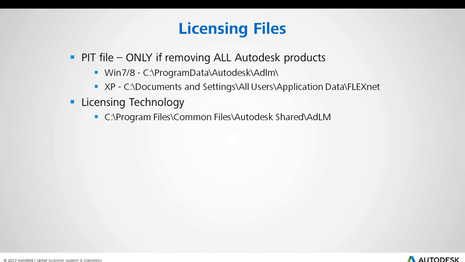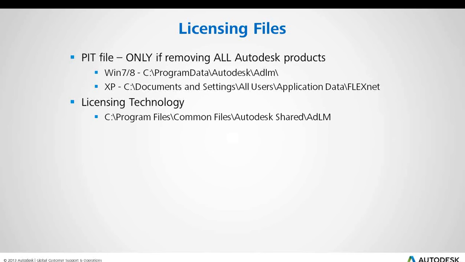This contains the information for all the products on the system. It's an encrypted file in there that contains your serial number and things like that. So be careful about deleting that one. But sometimes that file can get corrupted and it will prevent the reinstall of the software. And so you have to go in there and manually delete it on occasion.